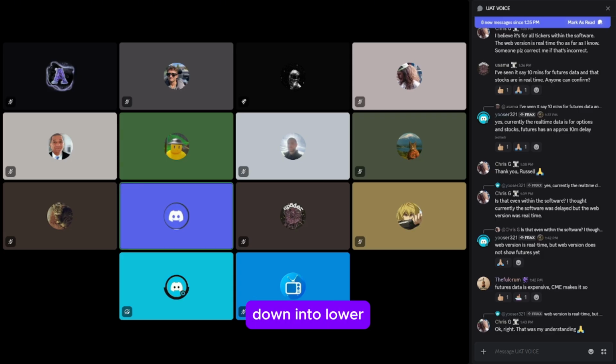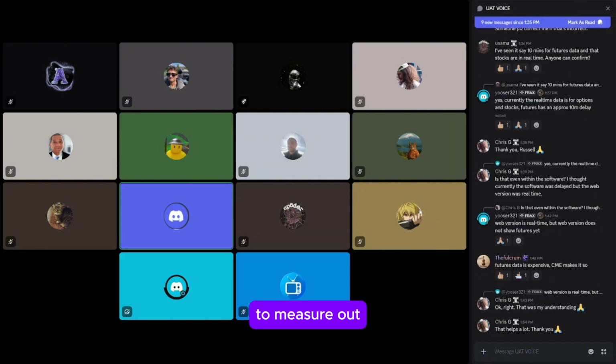Just kind of drilling down into lower time frame cycles, because all we're doing is opening the time frame and using the tool to measure out the cycle. It can be very high, low, choppy or whatever, but we're seeing that. And one of the strongest things is that purple vector.